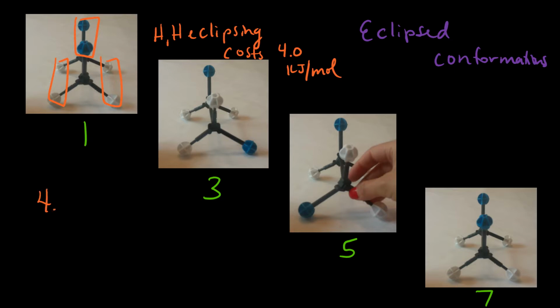It needs a total of 12 kJs per mole because there are 3 such interactions that must take place. So in order for ethane to even go through this conformation at all, there has to be 12 kJs per mole available energetically. If it's not, it will just kind of get stuck as it is, and the rotation will not take place.